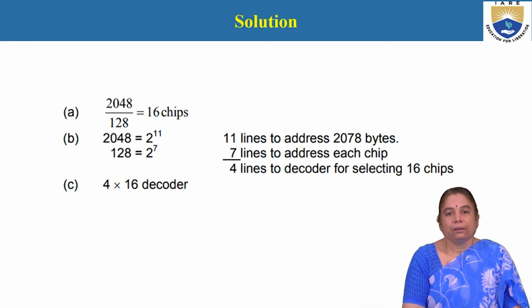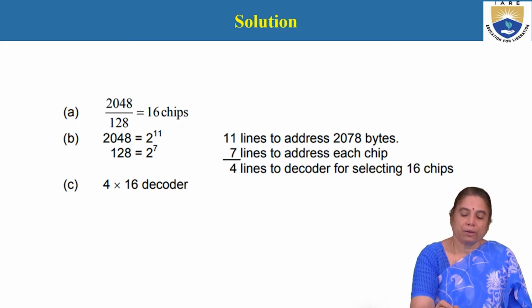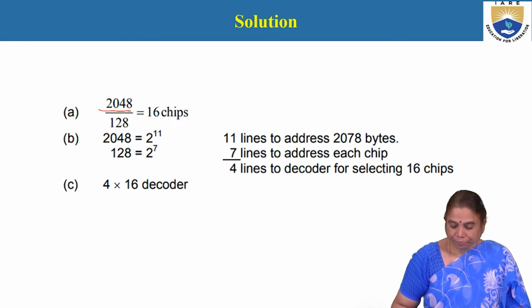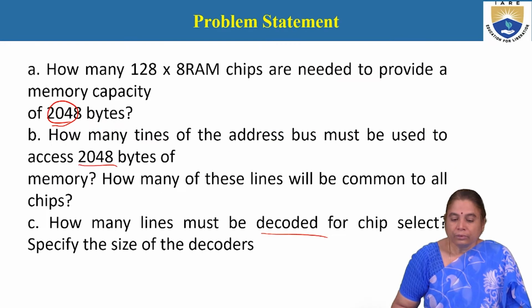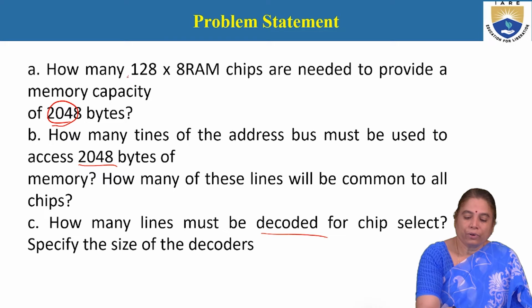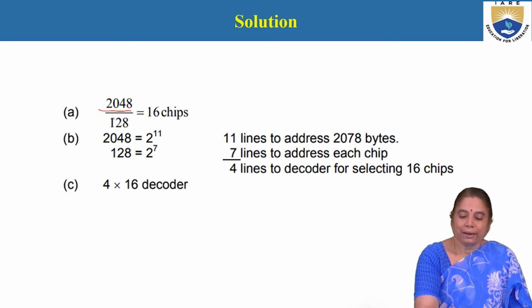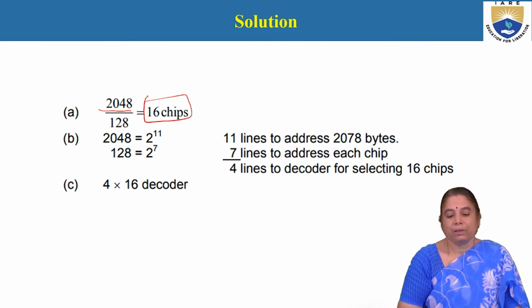So here the total addressing capacity of the memory is 2048, and it is made of 128 by 8 RAM. So 2048 by 128, the total number of memory chips required is 16 chips.